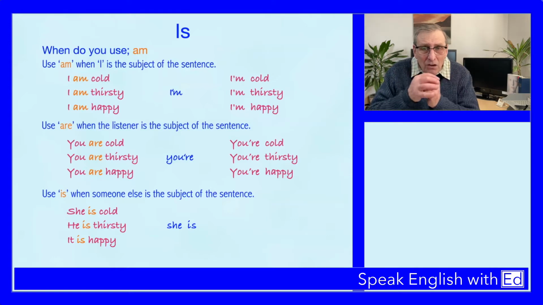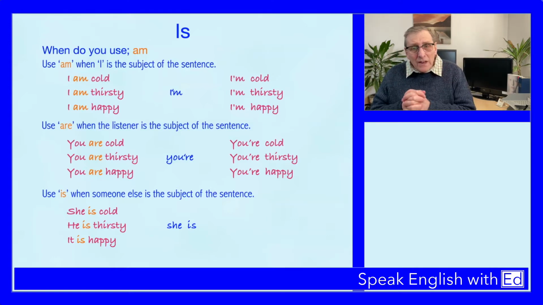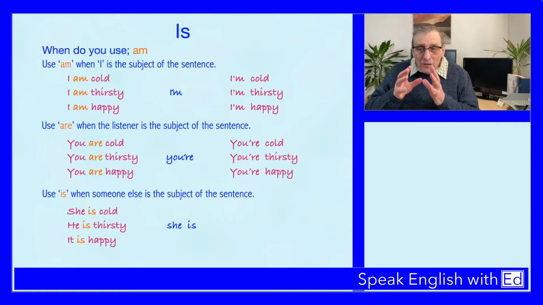And we can bring all those together just the same way that we did with I am, I'm, and you are, you're. We can do the same with, in this case, she's. Not she is, but she's. And it's not an S sound, it's a Z sound.